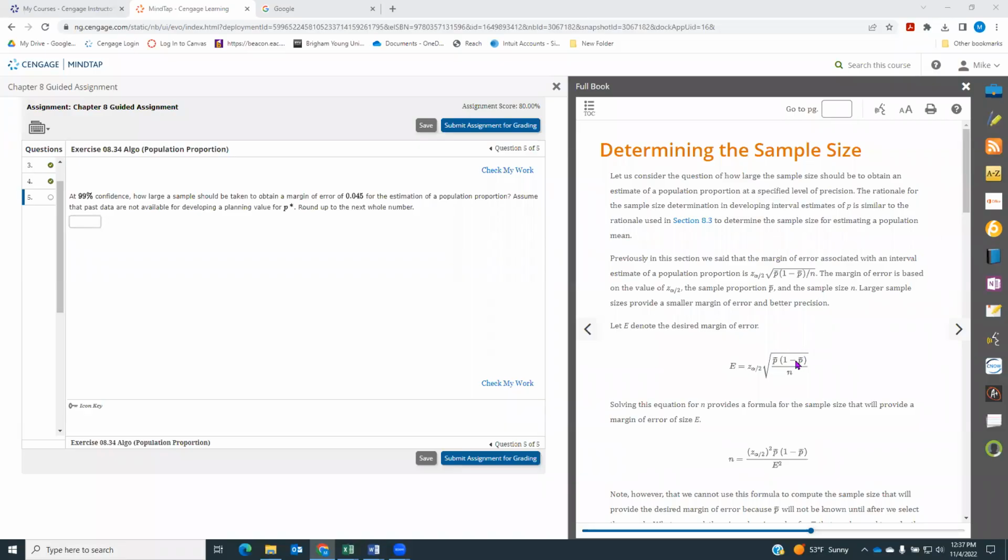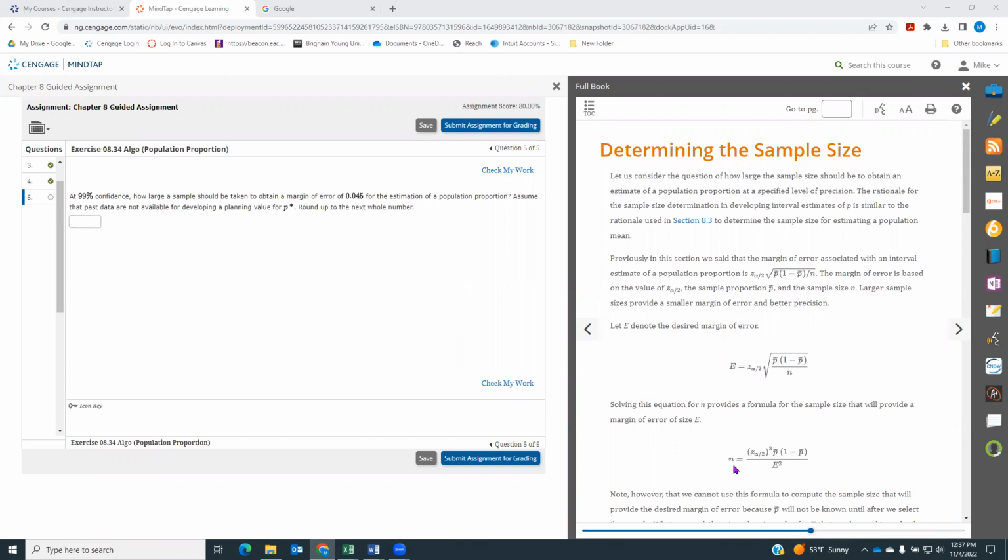Okay, like I said, we know our formula for the margin of error, which is the z-score of alpha divided by 2, times the square root of the sample proportion times 1 minus the sample proportion over n. So if we want to solve for n, we can just reformulate the same equation using algebra, right?